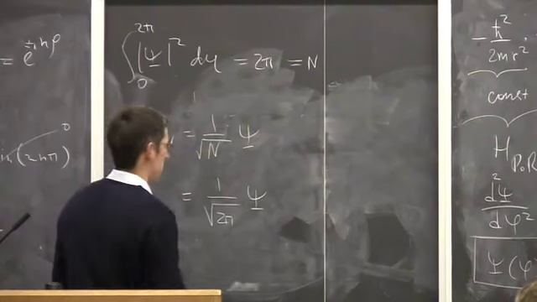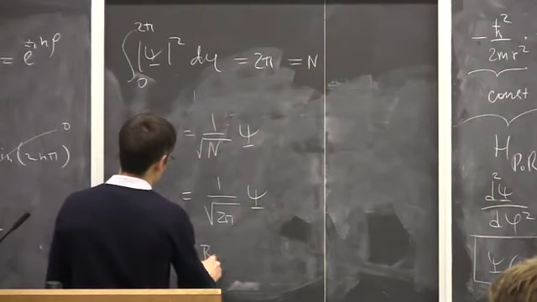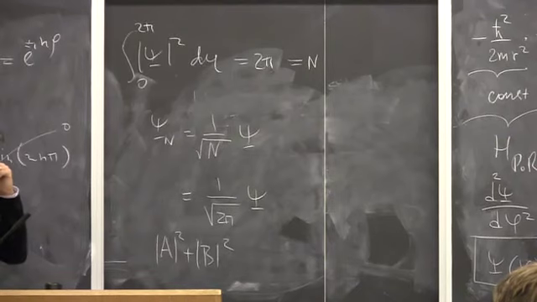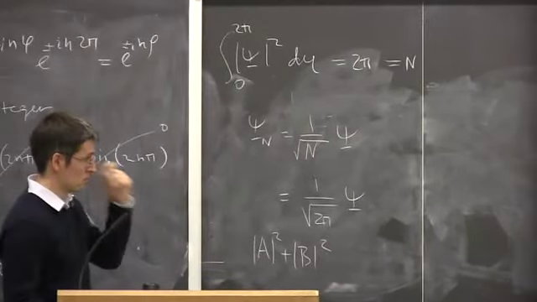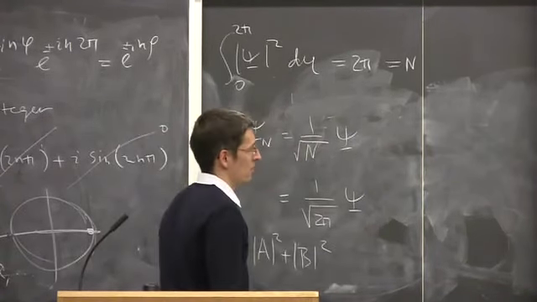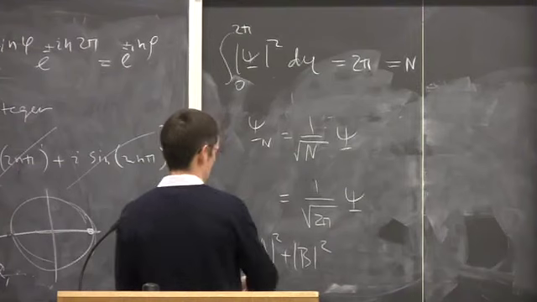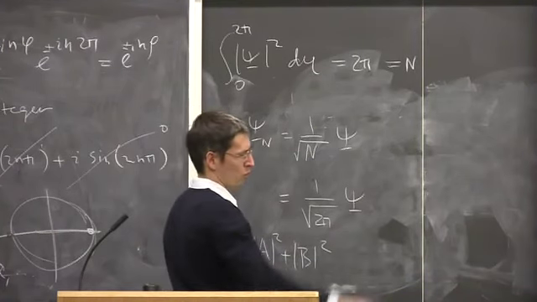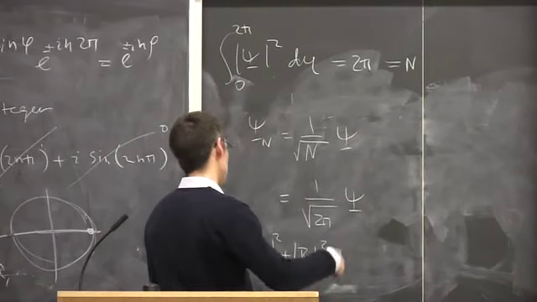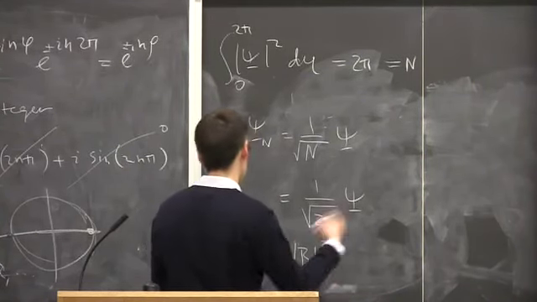We could do the same thing, but with a and b. With a and b, we would get a squared plus b squared, and some cross terms which will end up being 0 when we integrate them, because they are exponents, and integrating exponents with limits 0 and 2 pi, we'll end up with the exponent taken at 0 subtracted from the exponent at 2 pi, and those are the same.